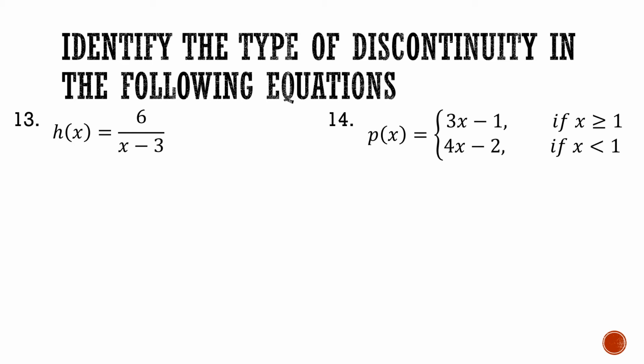So in this very first one, number 13, I noticed that I have a rational function. If I was to get a visual in my head of what this graph looks like, I know it's going to be a graph with some sort of vertical asymptote as well as a horizontal asymptote with 2 little wings or possibly 3 wings or 4 wings.